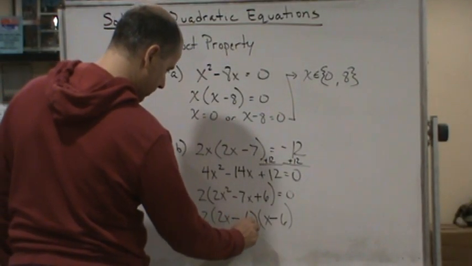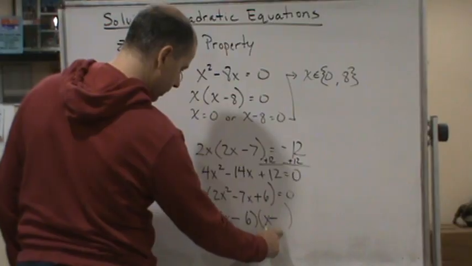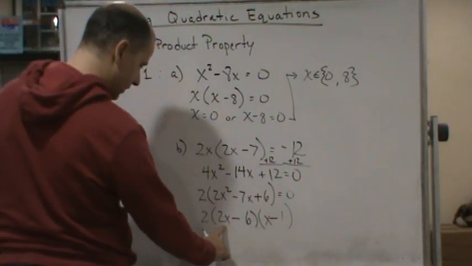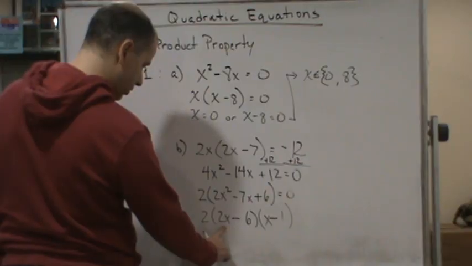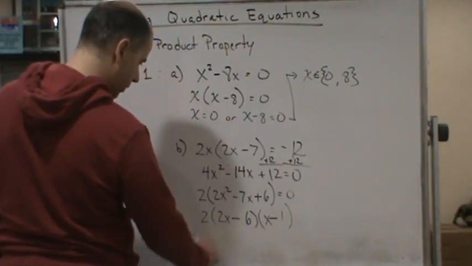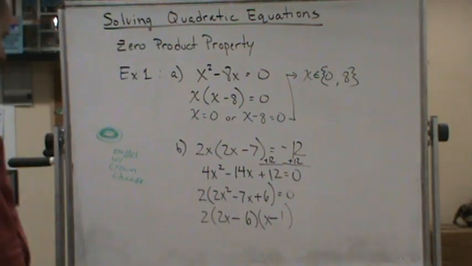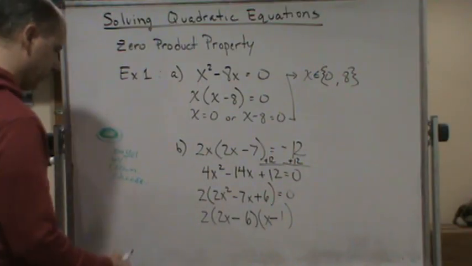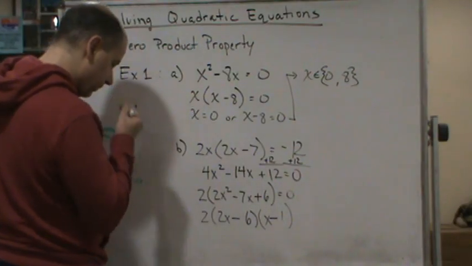So let's put this one here and that one there. And so now I get negative 2. Hold on a second. Oh, so maybe it's negative 2 and 3.